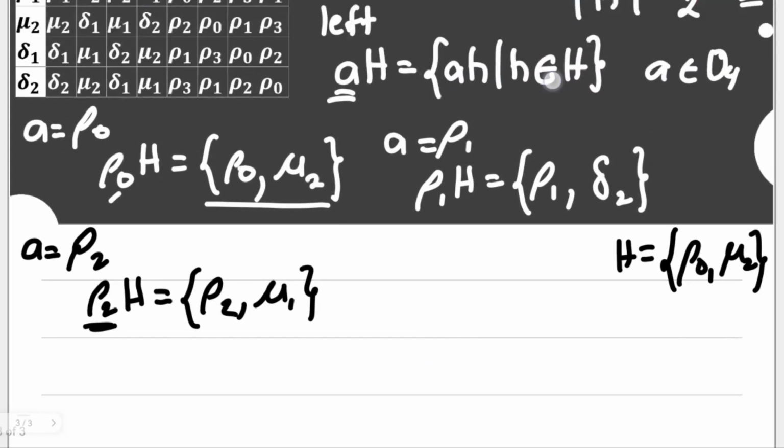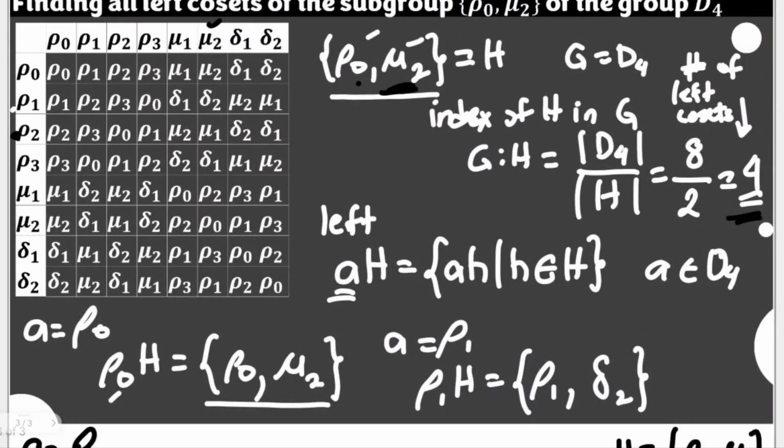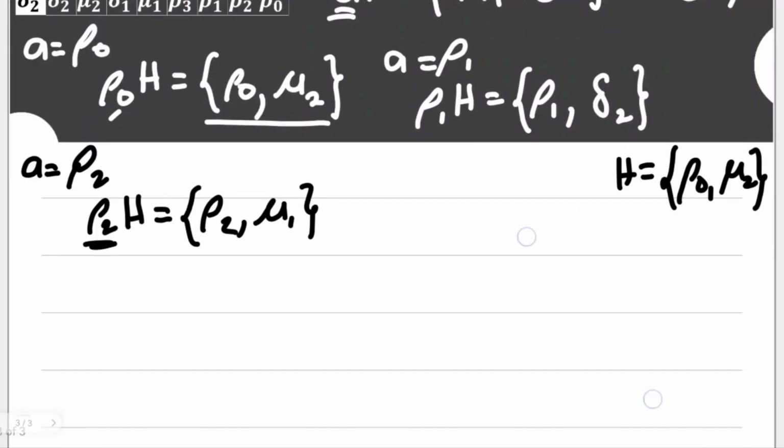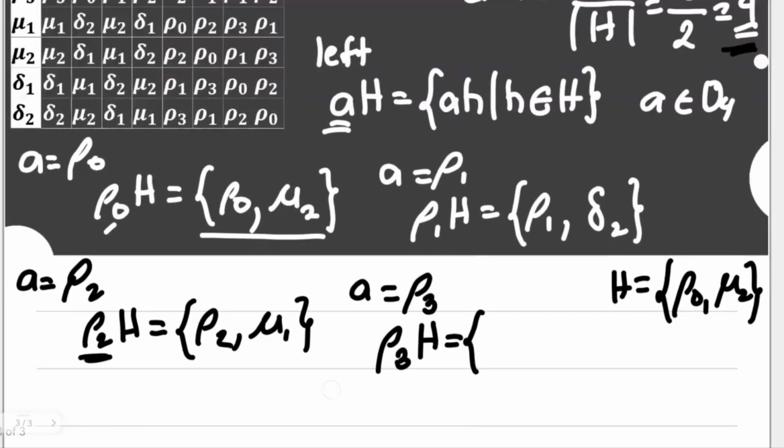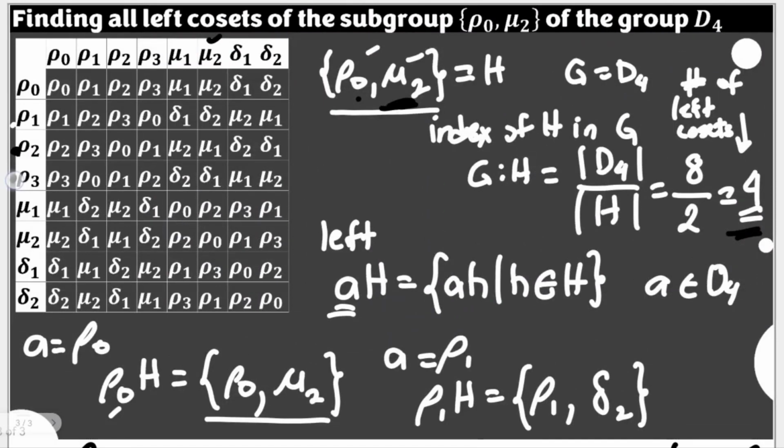Take note earlier, we are sure that we have 4 left cosets. So we are down to our last, but we still have 5 elements. So let's simply continue this one here. If our A is now rho sub 3, that means we are asked for rho sub 3 H, our fourth left coset. So we are now on the row for rho sub 3.